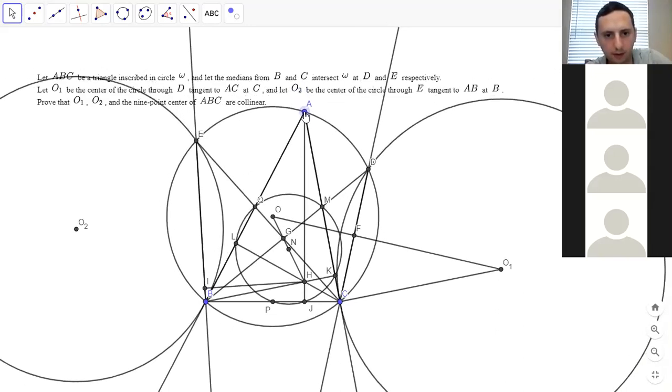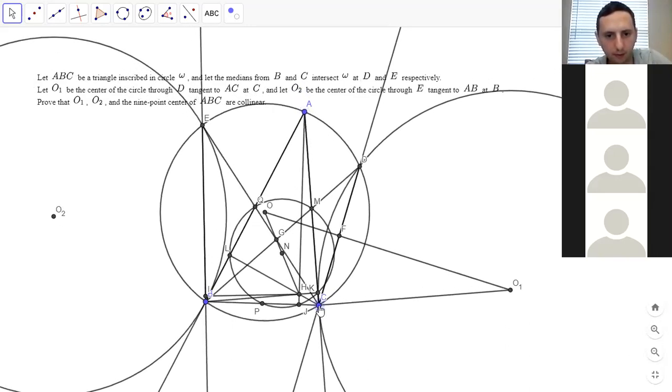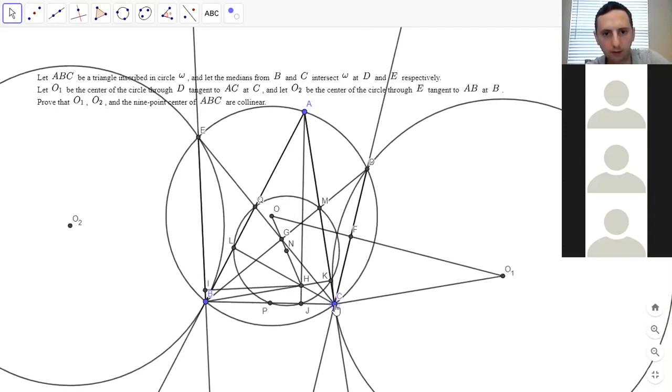But yeah, it's hard to get a good picture where they intersect closer. That's the thing.